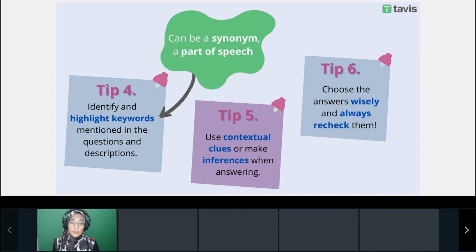And the last tip to share with you: choose the answers wisely and always recheck them. Always. Don't only do that in part 5, you have to do it for all papers. Not only in English, you have other papers as well. So please always recheck your answers.